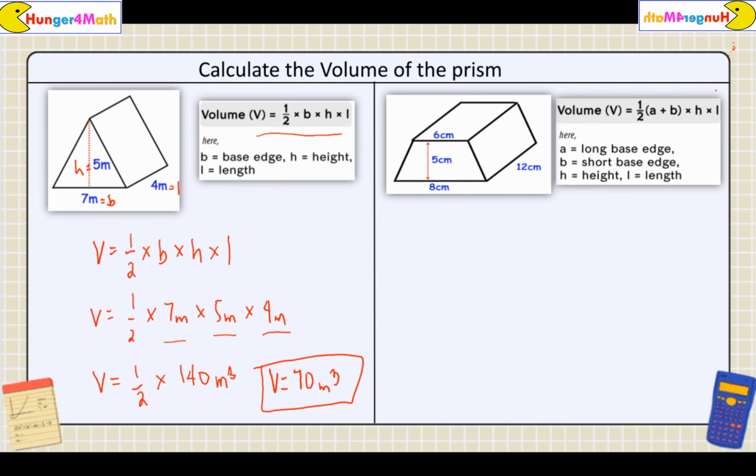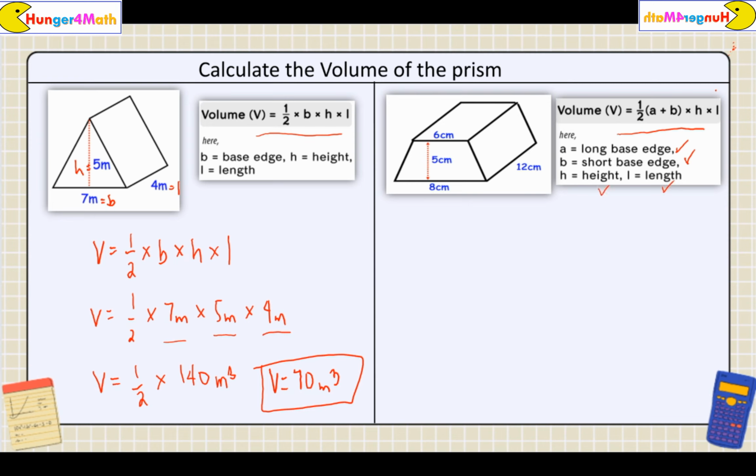Next is a trapezoidal prism. And the formula for the volume of the trapezoidal prism is volume is equal to 1/2 times the sum of A plus B times height times the length, wherein the A stands for the long base edge and the B is for the short base edge, and H for the height, L for the length.